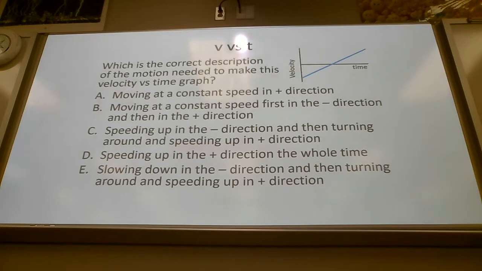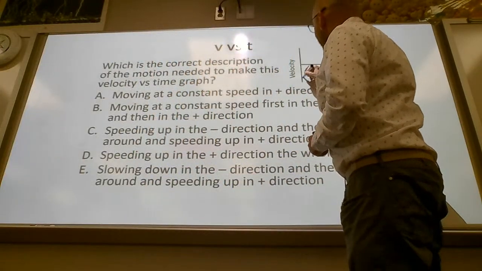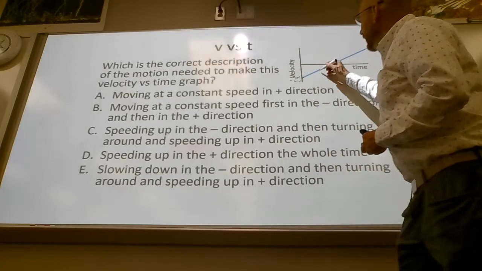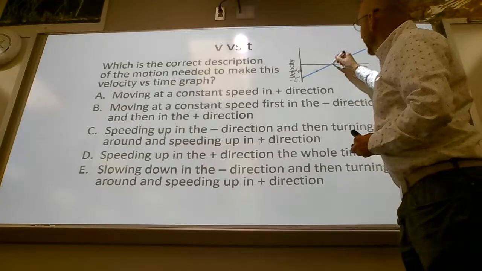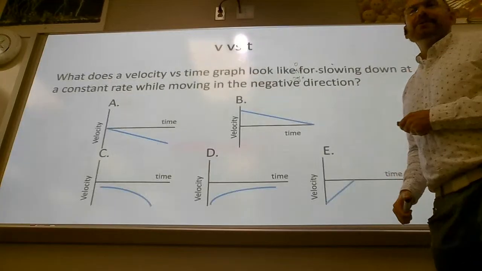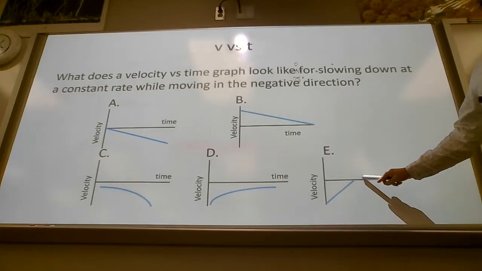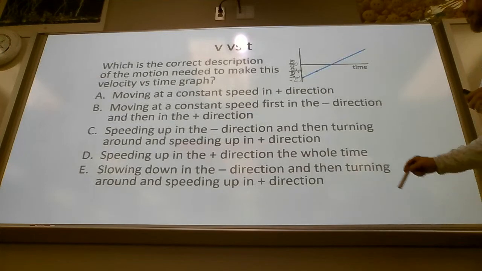Educated elephants. Here we go. Ready? -2 meters per second. -1 meter per second. 0. This looks similar to the previous question.